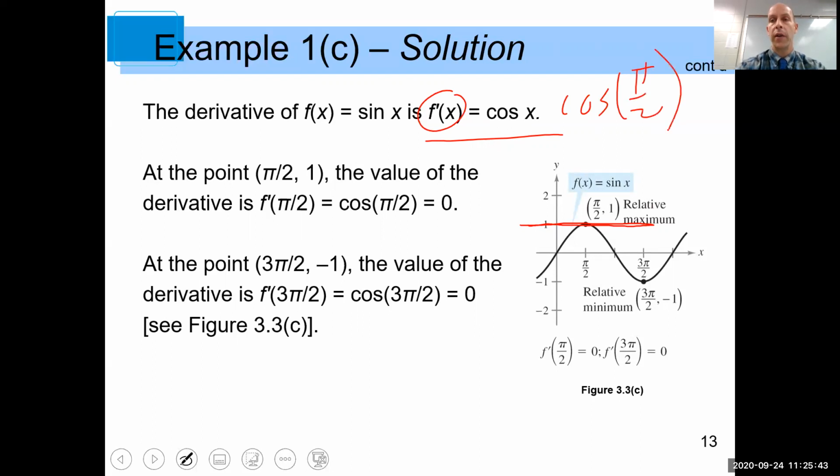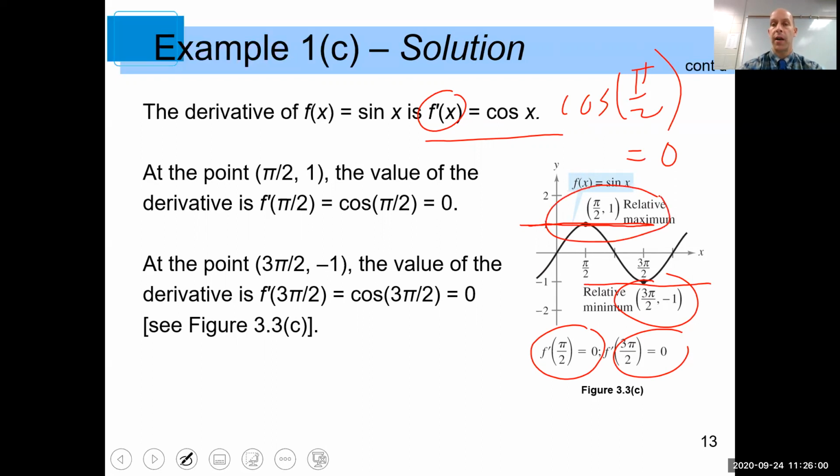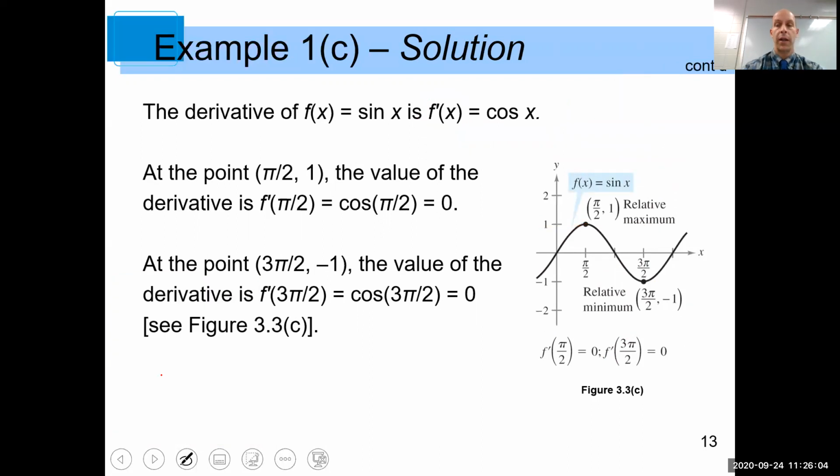Well, I hope you recall that the cosine of pi over 2 is 0. What about the cosine of 3 pi over 2? Well, that's also 0. Again, you're going to get another horizontal tangent line there. So this is a relative maximum for the sine function, and then this is a relative minimum. I'm going to clear off all that ink so you can see that a little bit better.